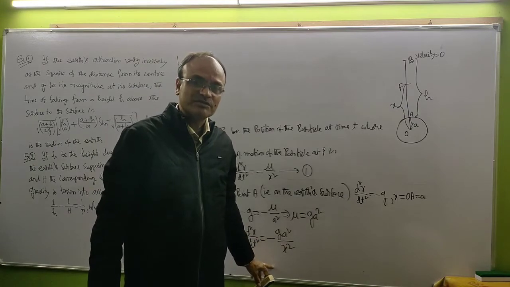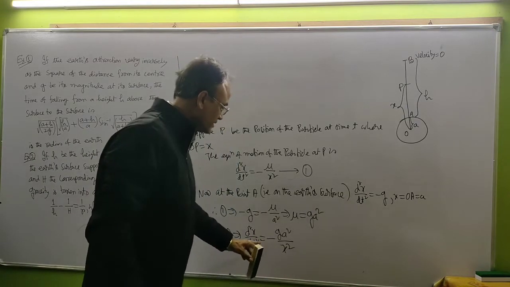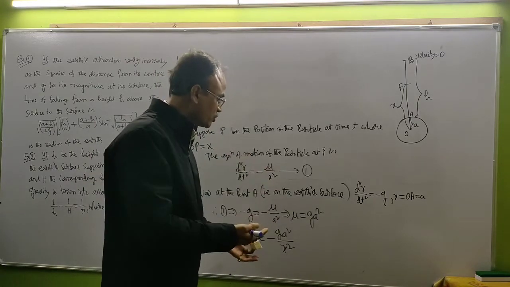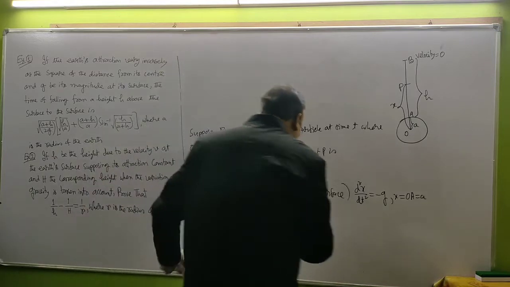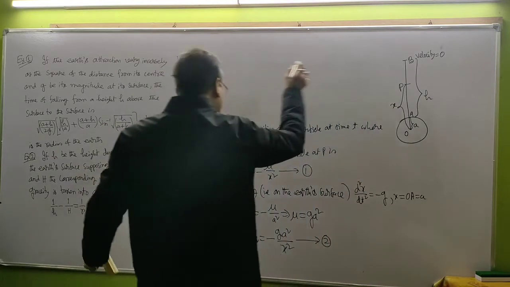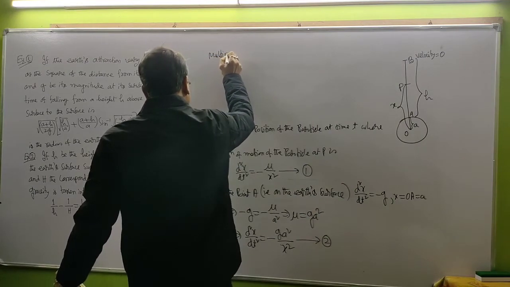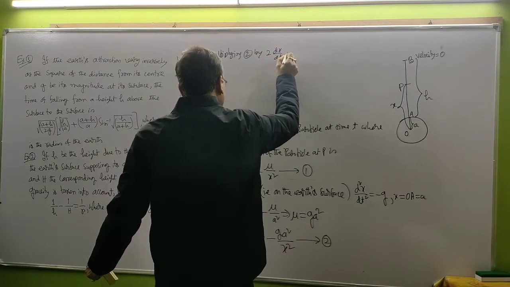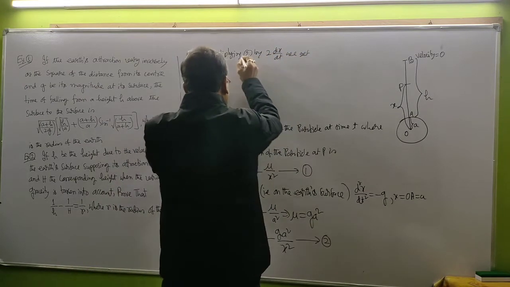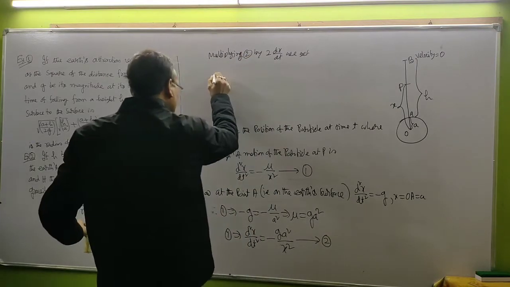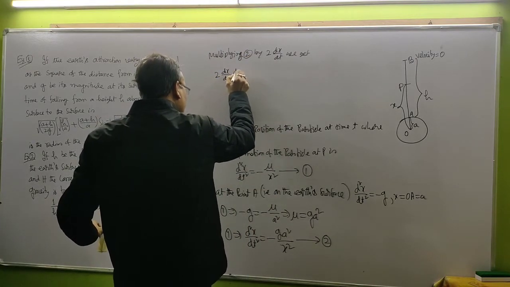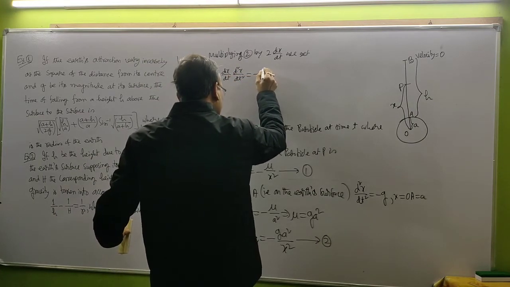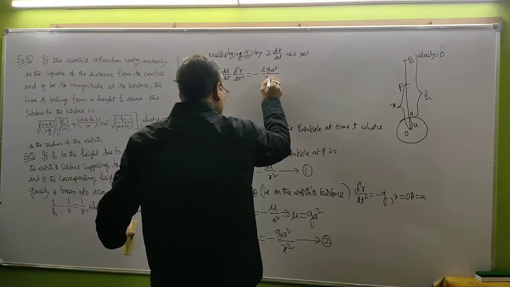This is a differential equation. By the standard method, you may write v dv by dx also. You may multiply the equation by twice dx by dt. Multiplying 2 times dx by dt with d2x by dt square, we get equal to minus 2 g a square by x square times dx by dt.